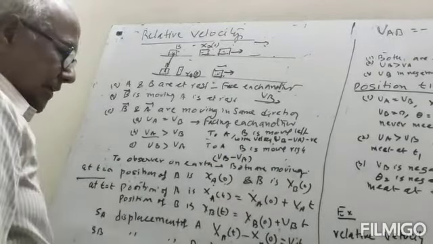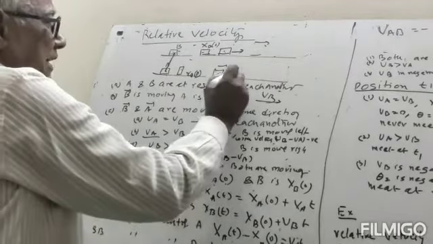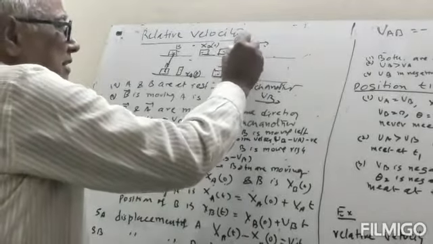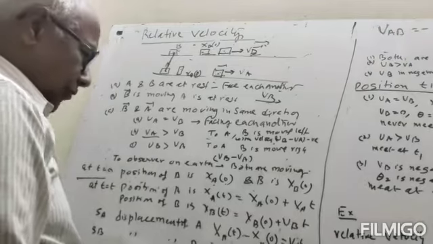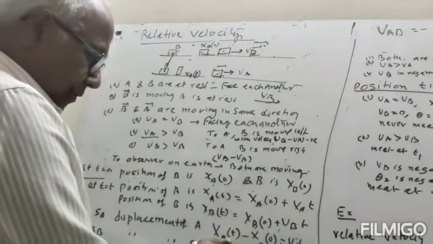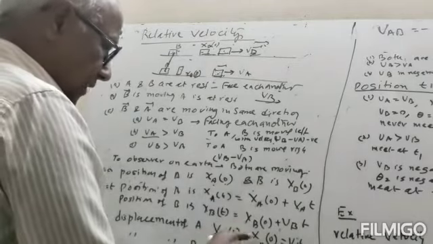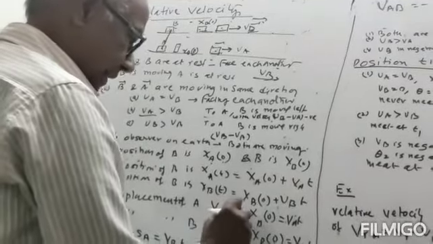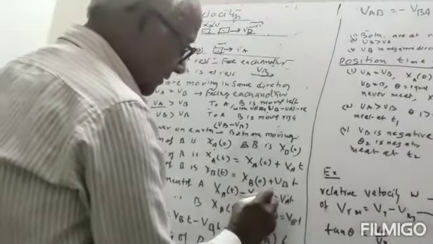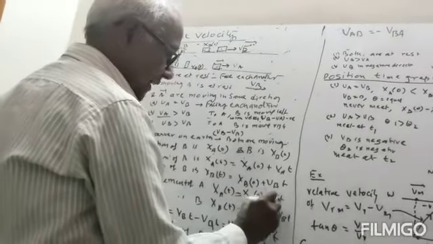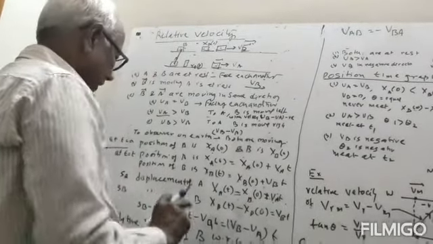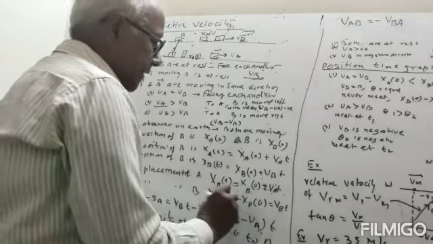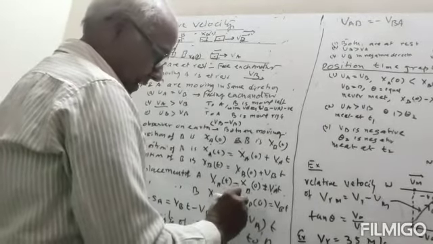Now at any time t, the velocities are VA and VB, and both are moving in the same direction. So the position at time t for A will be xat equal to xa0 plus VA into t. And for B, xbt will be equal to xb0 plus VB into t.